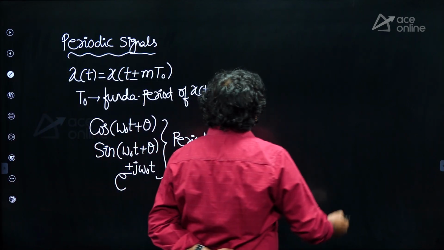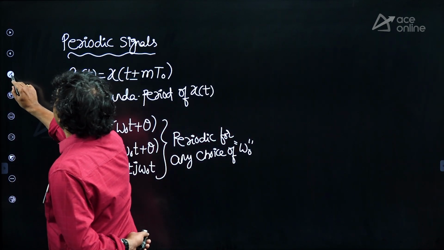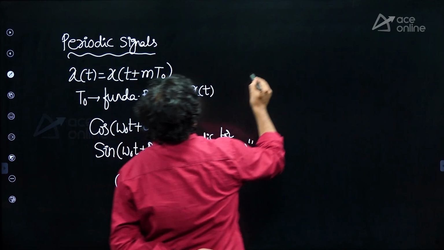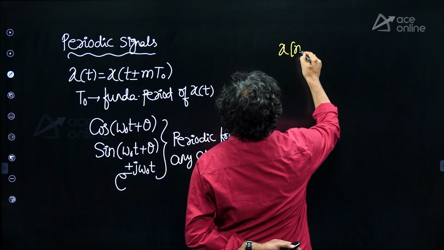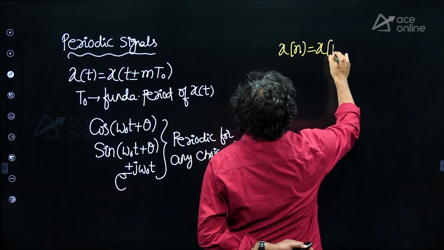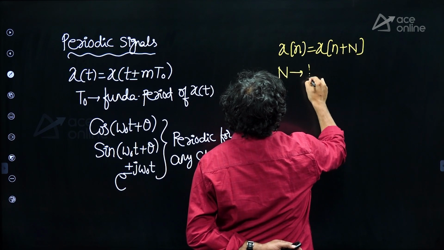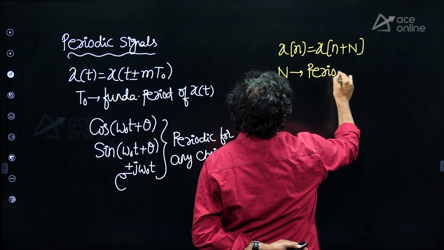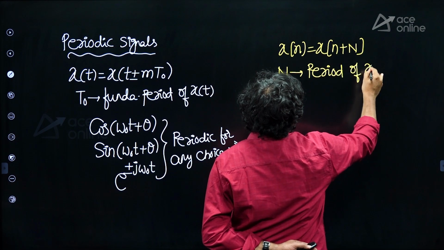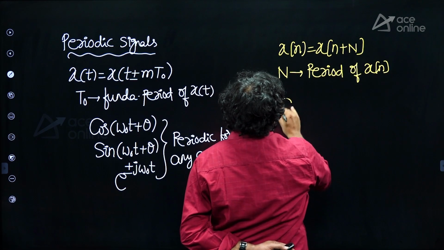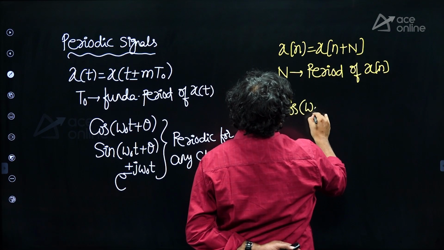But what happens in the discrete case? Discrete case periodicity is like this: x of n is x of n plus capital N, where capital N is the period of x of n. What is the change?